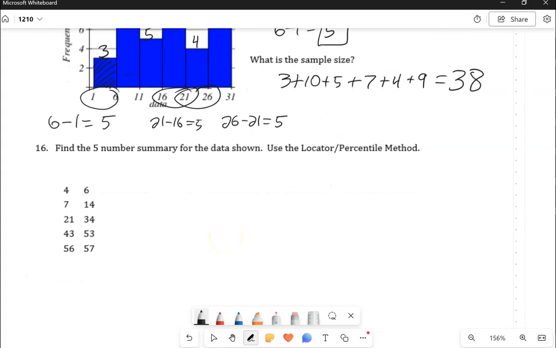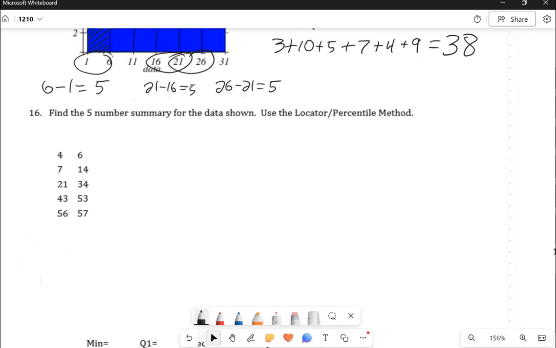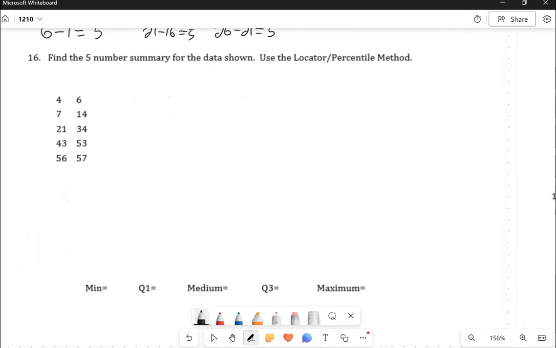Number 16. Find the 5-number summary. Now the 5-number summary, 2 of them are trivial. Don't miss these. The minimum, the smallest number in there, 4. The maximum, the largest number in there, 57. If these numbers aren't in some type of order, put them in order.